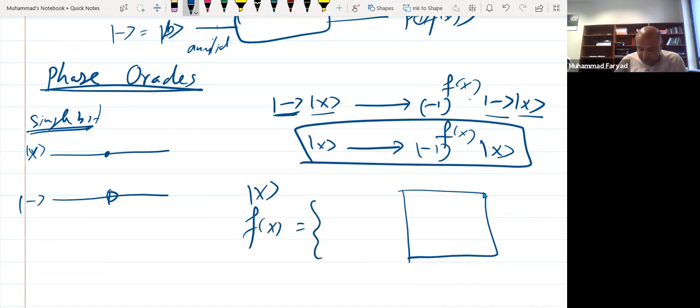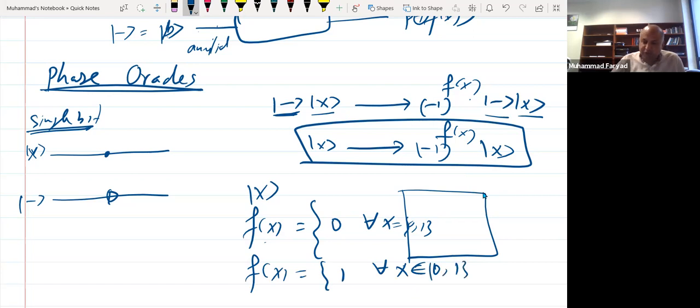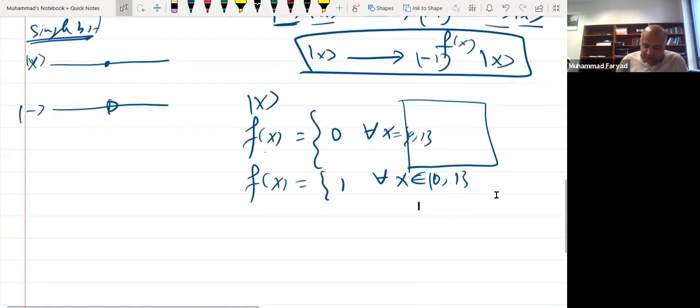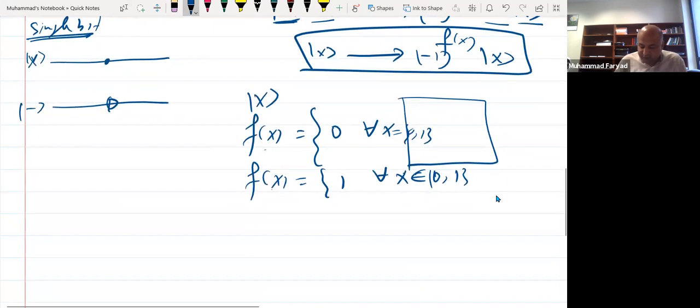So f of x could be 0 for all x, whether x is 0 or 1. So even if x is 0 or 1, we want an output 0. Or we can have f of x equal to 1 for all x. So it doesn't matter what x is, we want to have f of x equal to 1.